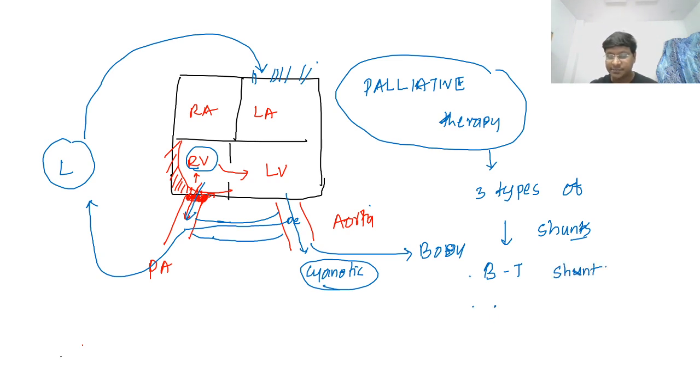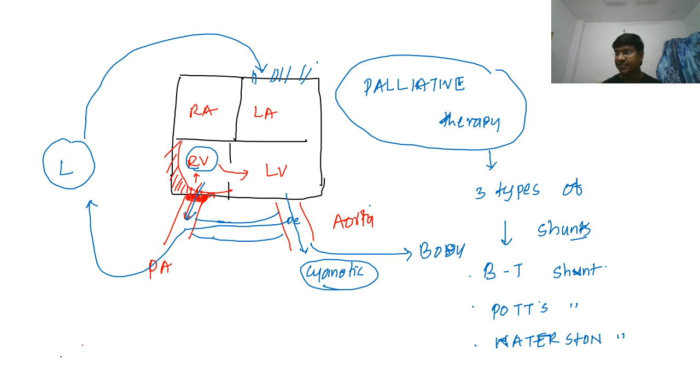Next, Potts shunt. Next, the other one is Waterston shunt. These are the three shunts: BT shunt, Potts shunt, and Waterston shunt.